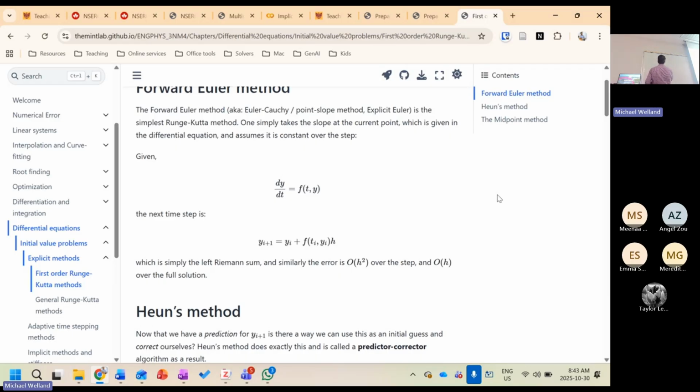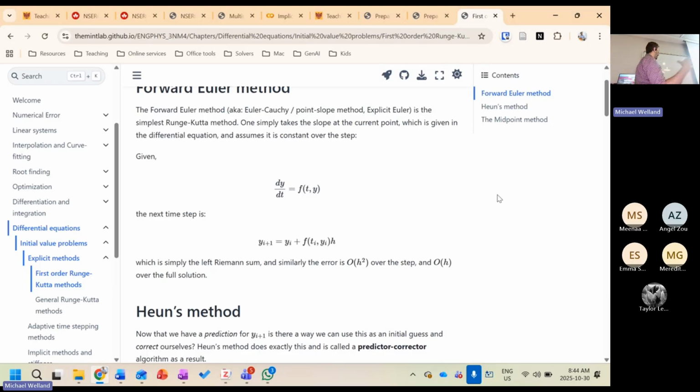at t equal to 1 is equal to y at t equal to 0 plus dy/dt evaluated at the current one. So this would be dy/dt at t equal to 0, which means, okay.